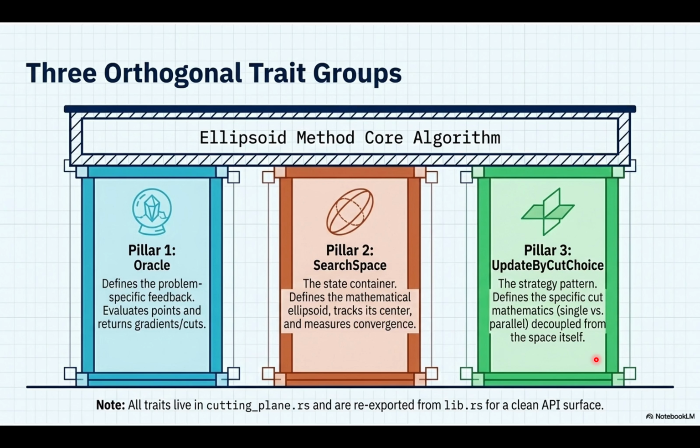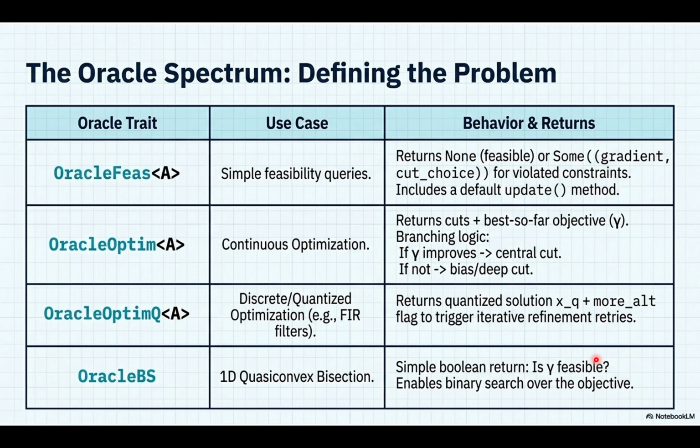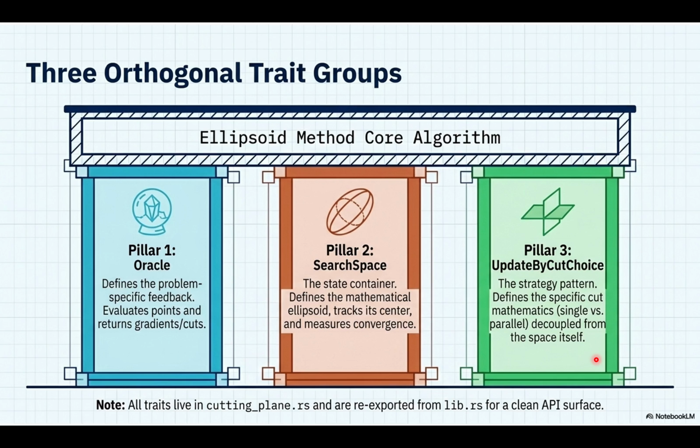So the beauty of the single responsibility principle here is that changing the chef's knife technique, the update choice, doesn't fundamentally break the physics of the shrinking kitchen. Okay, so the picky critic points out the flaw. The chef changes their knife angle, but the kitchen's walls still shrink the exact same way. Exactly. This entirely prevents the classic spaghetti code problem. You are completely isolating the math of the cut from the actual state of the container.